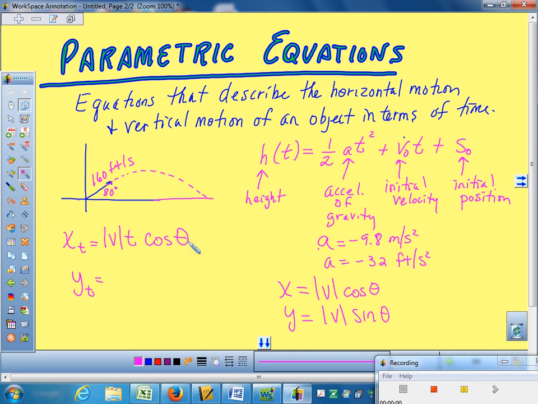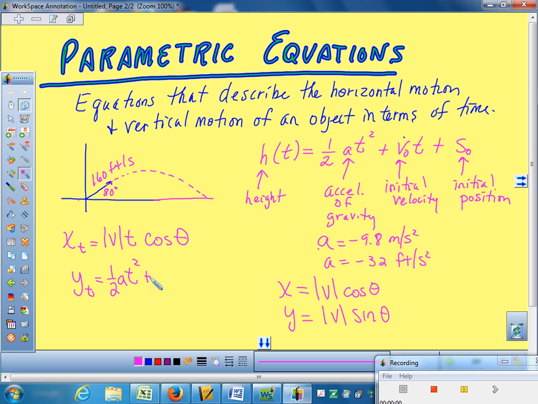Okay. The vertical is slightly trickier, because the vertical's now got gravity. So we're going to alter our half-at squared formula here, and it's going to all stay the same except for the middle piece. This middle piece assumed we were going straight up and straight down. Now we want to shoot at an angle, so our vertical is going to be controlled by what our y vector is doing here.